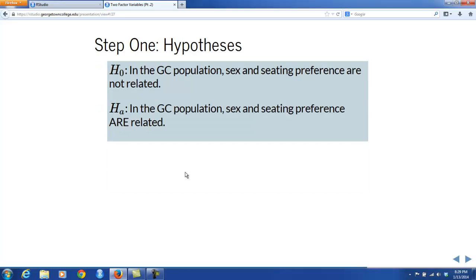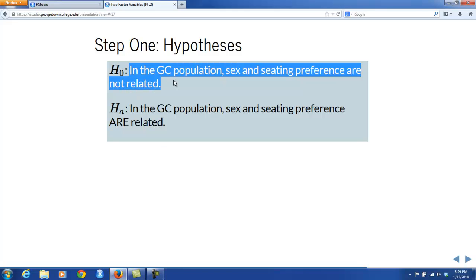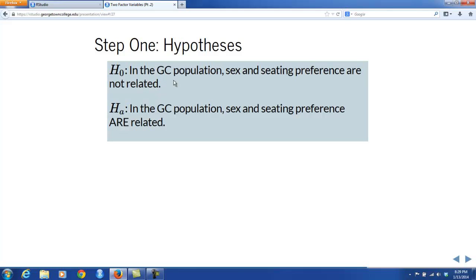Step 1 in a chi-square test of hypothesis is simply to state the two competing hypotheses, the null and the alternative hypothesis. Remember that the null hypothesis is always the one that says nothing interesting is going on. The two factor variables are not related. Notice how carefully it states that they're not related in the population.